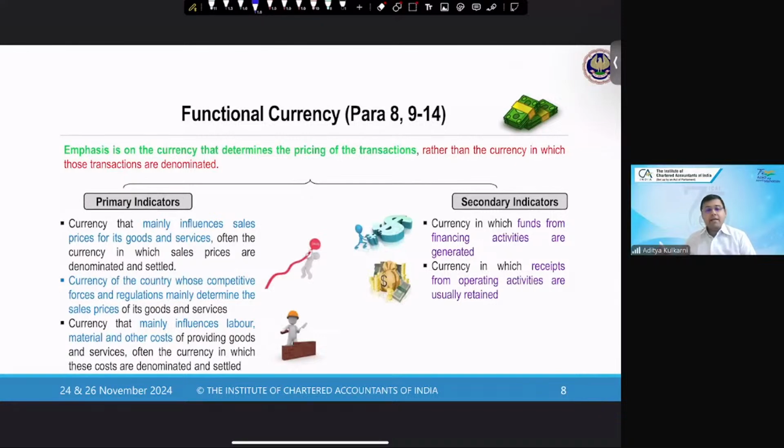So my primary indicators, I have explained this to you. It could be the sales price for its goods and services. I gave you the example of Flipkart, Amazon, ABC India LLP. The currency of the country whose competitive forces and regulations determine the sales price of its goods and services. Air India and Indigo are the only two major airlines operating.